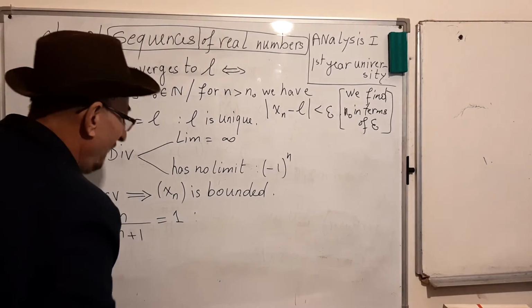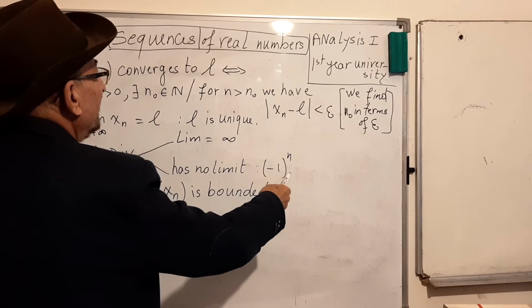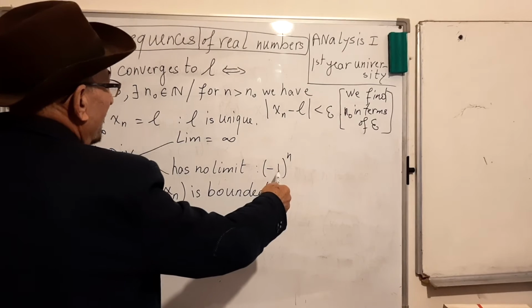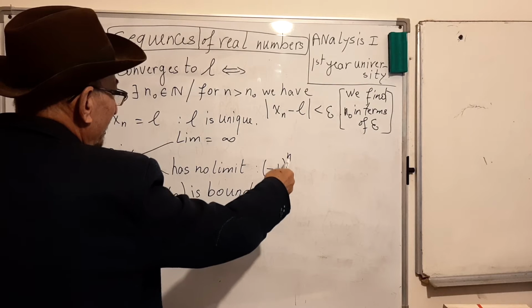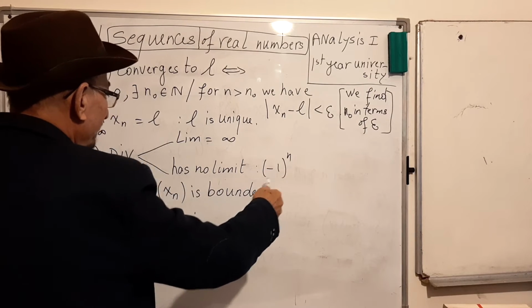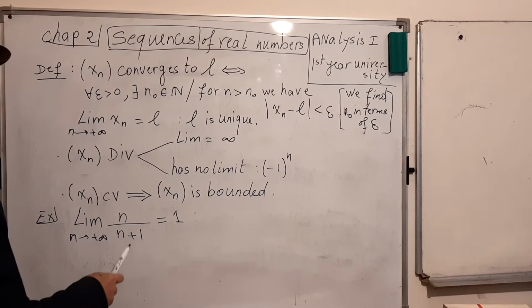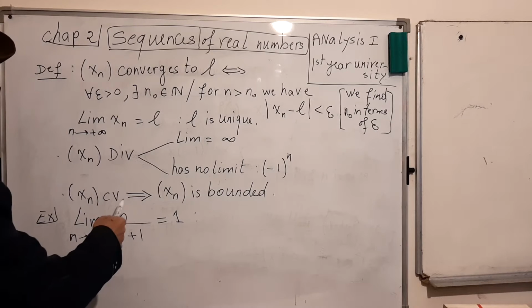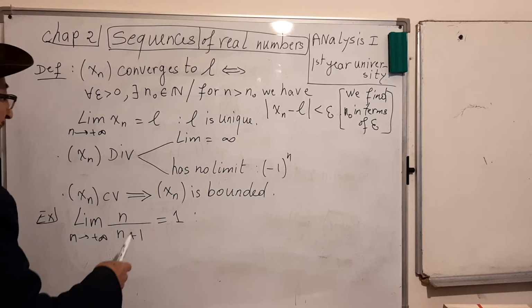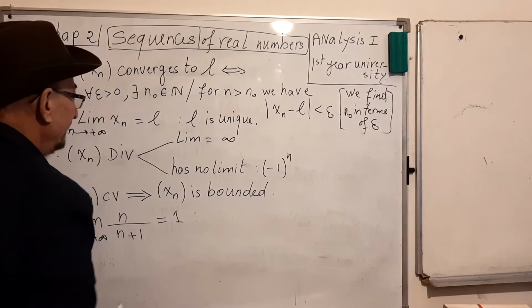For example, if xn equal (-1)^n, for n odd, we have xn equal -1. If n is even, xn equal 1. If the sequence xn is convergent, then xn is bounded.